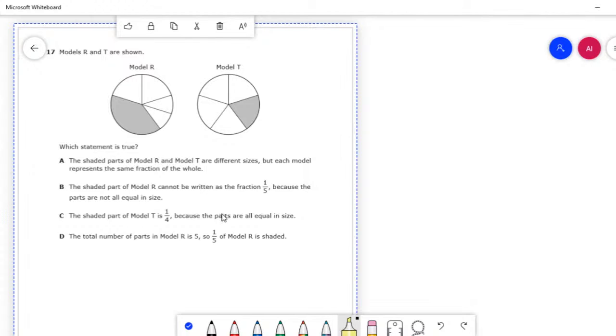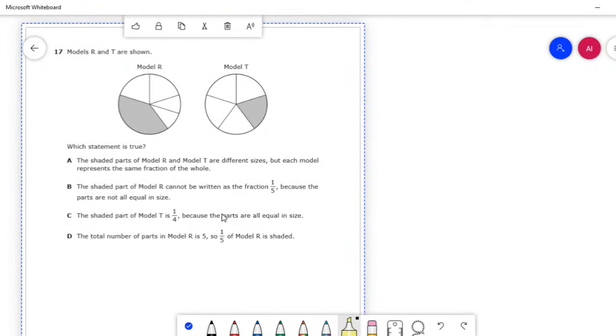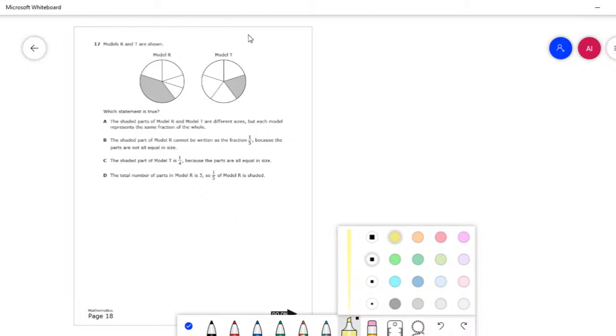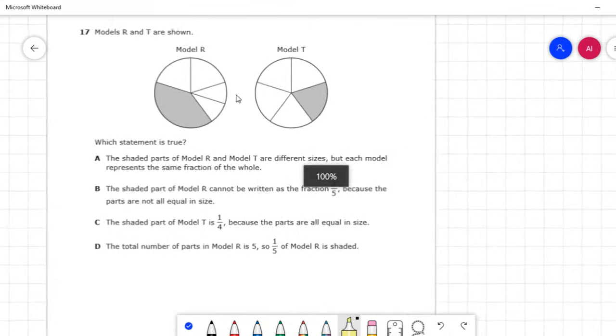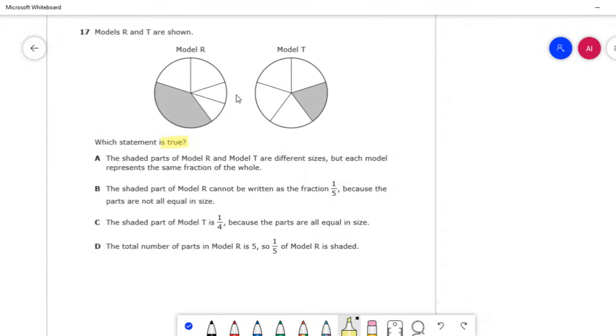So we have models R and T. Those are important. And it's asking us for which statement is true. Okay, I don't know why it isn't switching properly. It's asking us which statement is true.